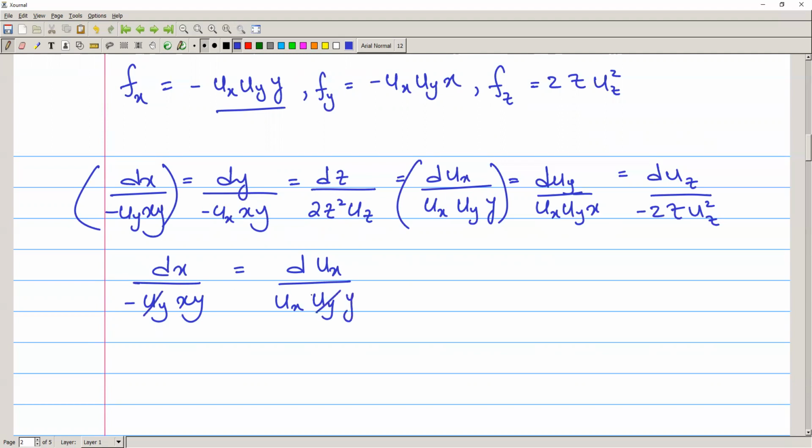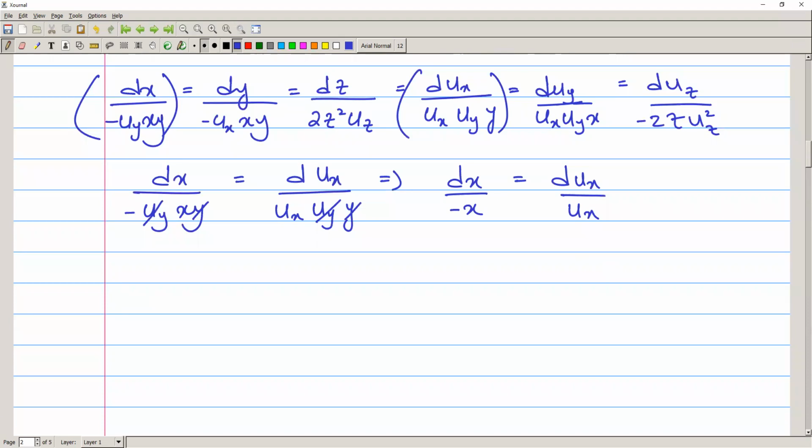So uy with uy and y with y will cancel out. We are only left with dx over negative x equals dux over ux. This equation is separable and solvable, so we will integrate both sides. Here we will get negative ln x, and here we will get ln ux plus ln c, or we can just write ln a. We will use b and c in the latter parts, so we just write ln a.